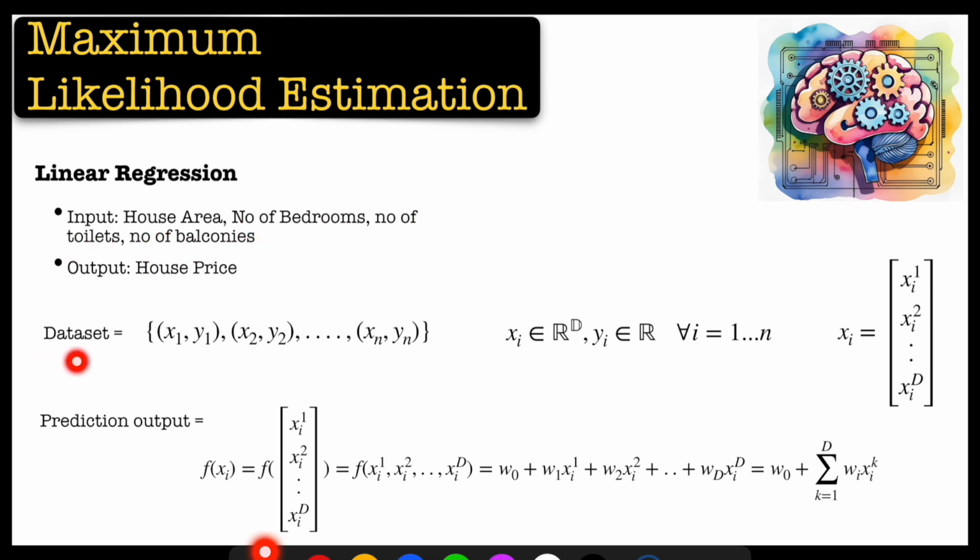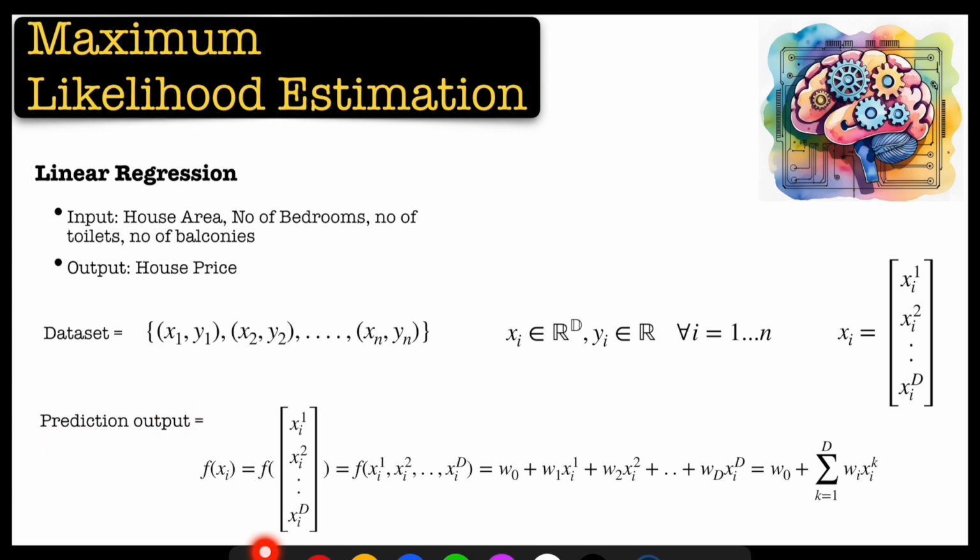In this data set we had n data samples, x1, y1, x2, y2 till xn, yn. For all i equals 1 to n, xi's are d-dimensional because we had multiple parameters in our input, and yi's are the house price, which is a real value.